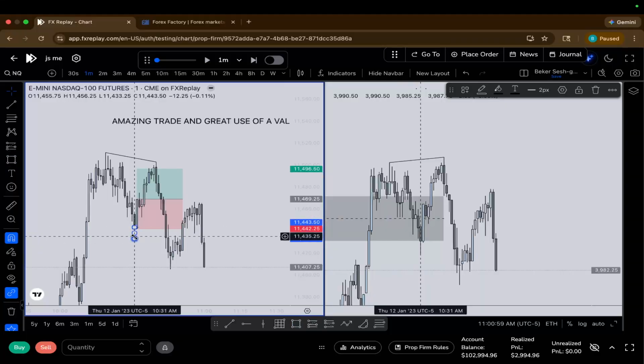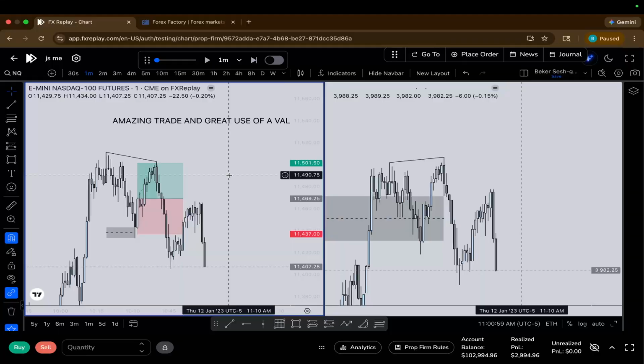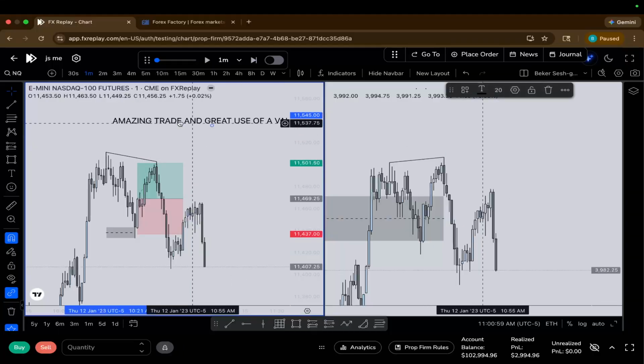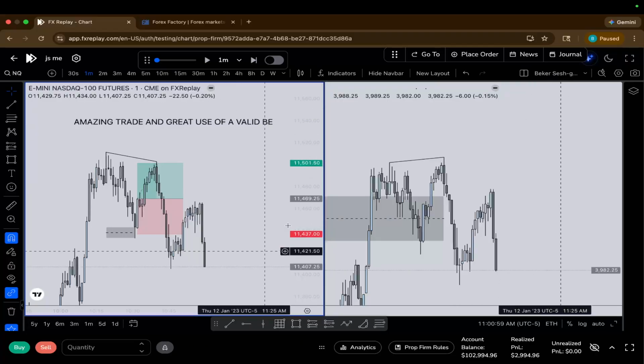Honestly, human mistake, I guess, is I could have maybe put my stop loss at CE. Then maybe I could have caught the 1-to-1. Oh my god, that's actually tragic. But yeah, this is A plus. This is A minus due to not being in a good room of the range. So this is already 3 trades.